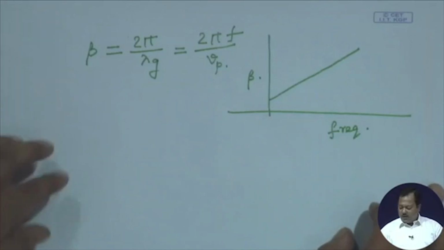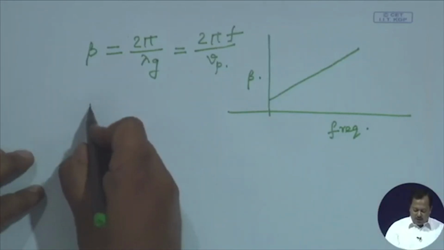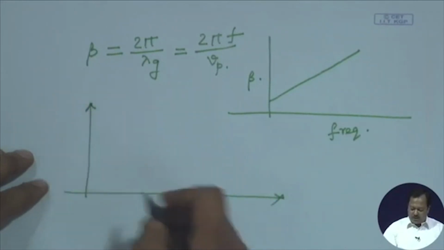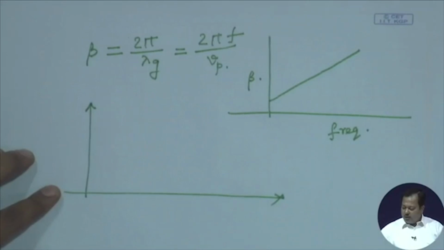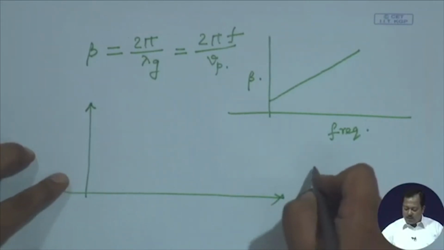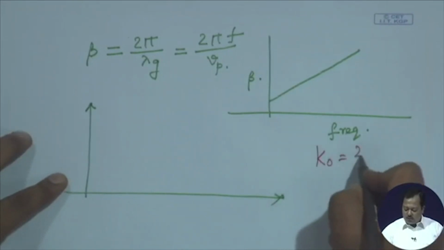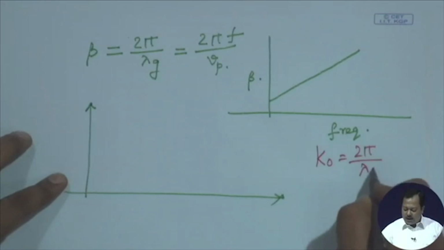So, practically we deal with two important parameters. We usually plot beta by k naught instead of beta. So, k naught is equal to twice pi by lambda naught.